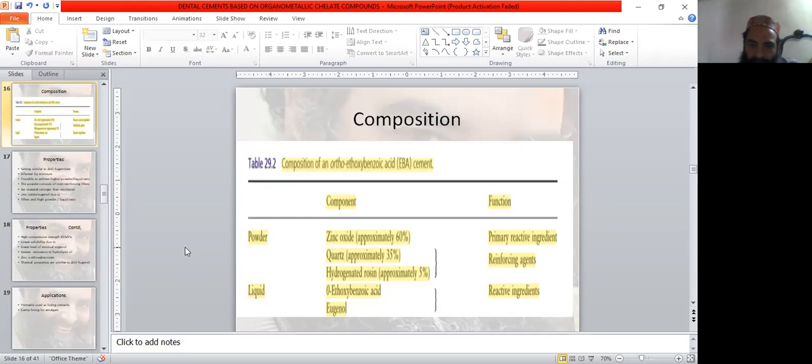So composition of orthoethoxybenzoic acid cement is: powder is zinc oxide 60%, quartz 35%, hydrogenated rosin 5%. Primary reactive ingredient is the zinc oxide, and reinforcing agents are the quartz and hydrogenated rosin, while liquid is orthoethoxybenzoic acid and eugenol, and these both are the reactive agents.